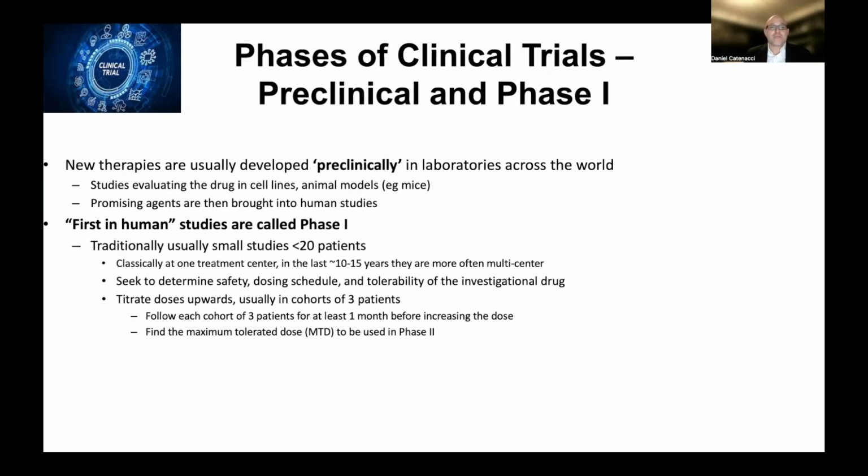This is an important point to make: in the phase 1 setting, many patients may be experiencing this, say now, for example, with CAR T cell studies, where they're waiting to get onto a study, but the study is actually closed to accrual while previous patients are being followed to look at safety and what the dosing should be.